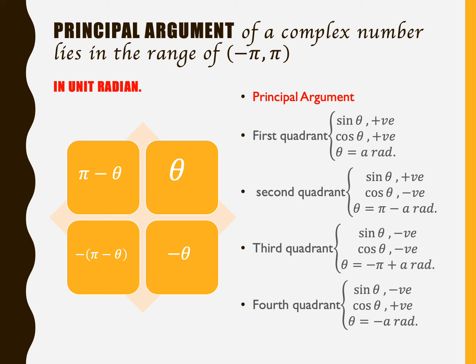Third quadrant, sin theta negative, cos theta also negative, so theta equals negative pi plus A radians. Fourth quadrant, sin theta negative and cos theta positive, so theta equals negative A radians. All these principal arguments must be followed to get the argument of a complex number.